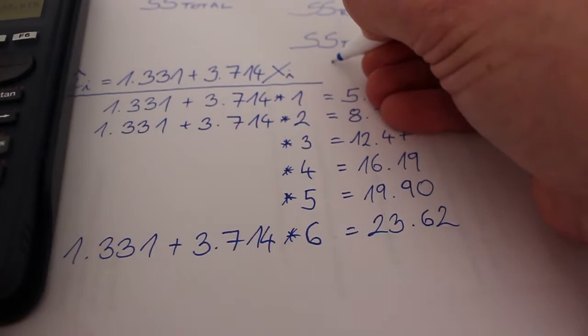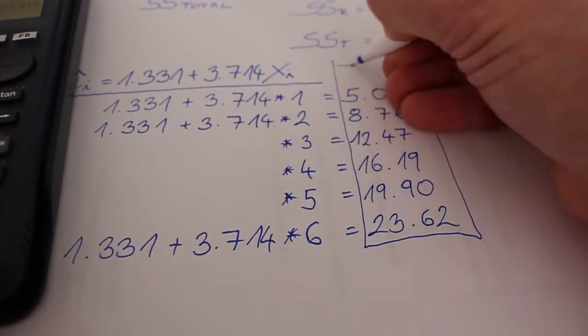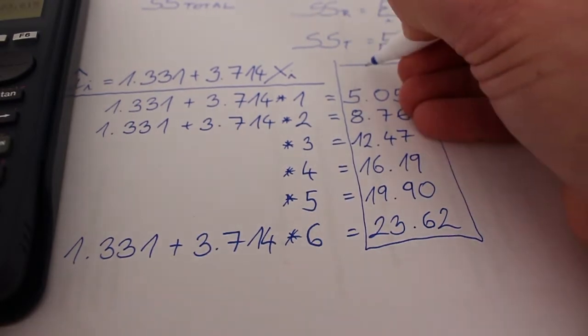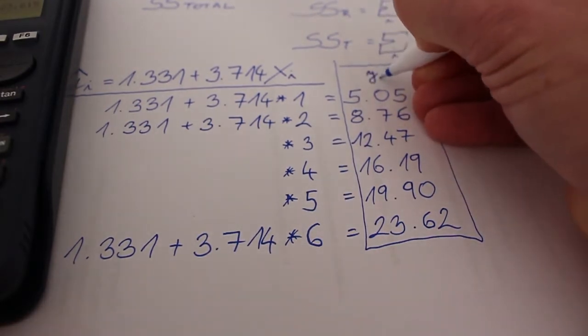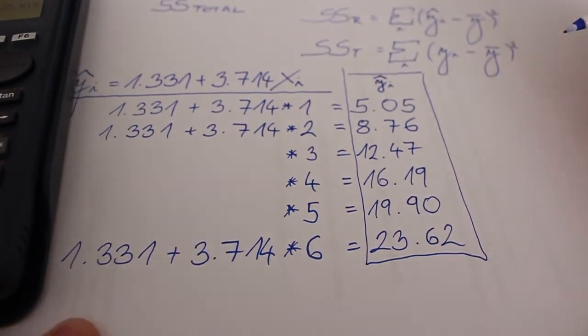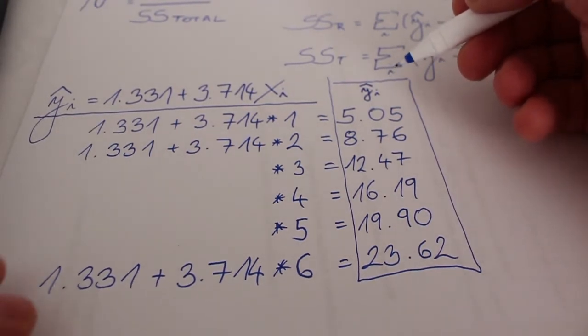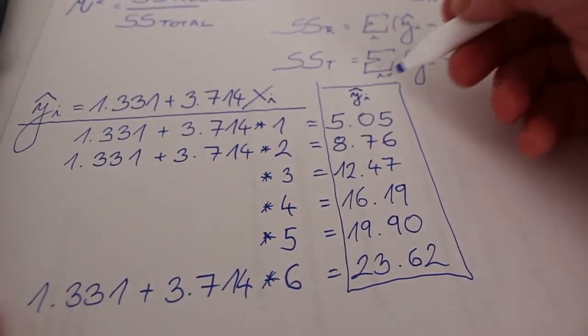So these values which you can see here are fitted values, y with hat, our calculated values on the base of the model.